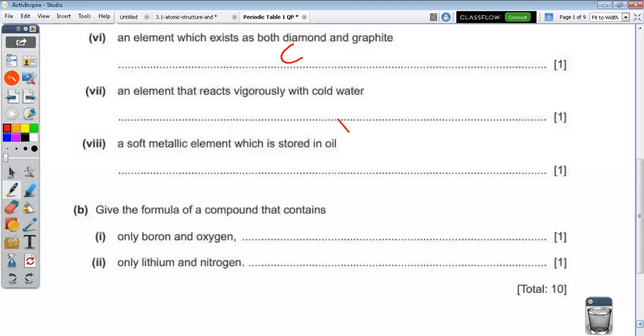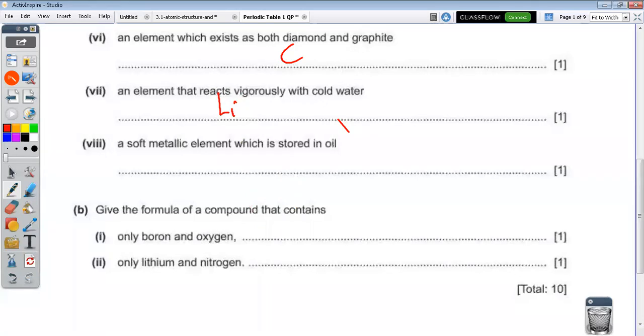Clear? Because we are saying group 1 is the most reactive, which means even the slowest reactive metal, lithium, is more reactive with water than your group 2 metals or your transition metals. Are we together?